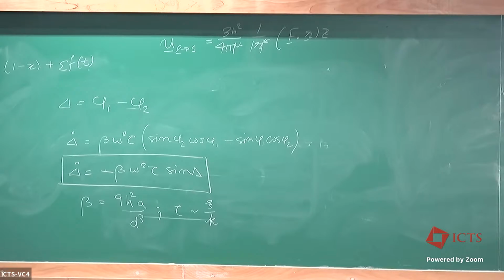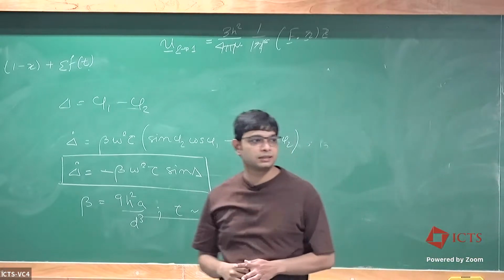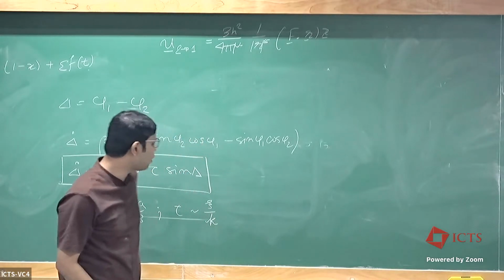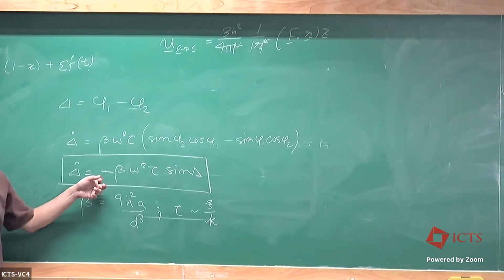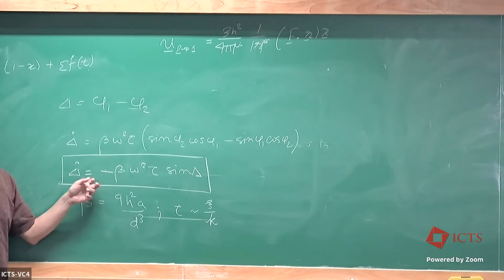So where will it go? In phase or anti-phase? How to figure out where this system goes as time goes to infinity? How to figure that out?